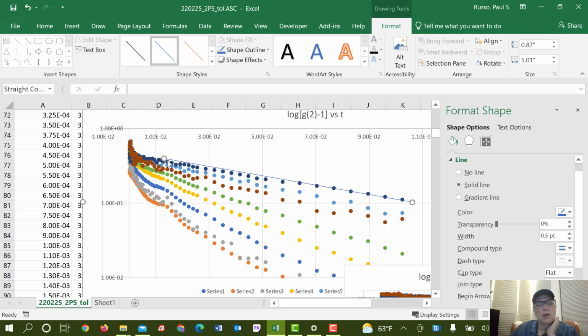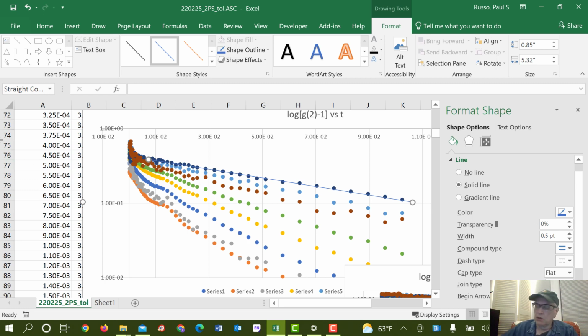And I could probably get a line to that, and that line would have a slope of gamma 2, since we're looking at the homodyne or second order correlation function, or twice gamma 1 would be that slope, and we could evaluate that pretty easily, either graphically or actually using fitting algorithms, and you get an idea.